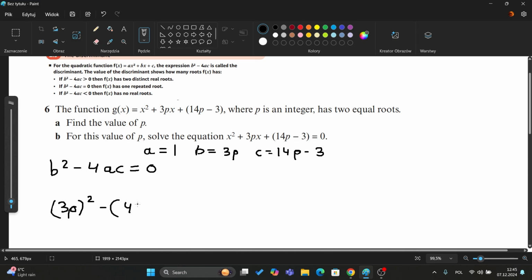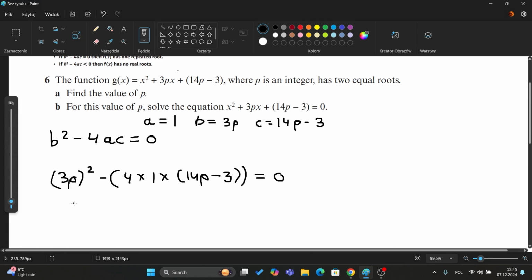Minus 4 times 1 times 14p minus 3 is equal to 0. That means that 9p squared minus 4 times 1 times 14p minus 3 equals 0.